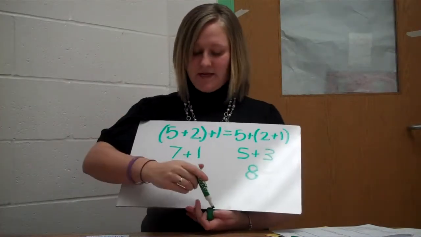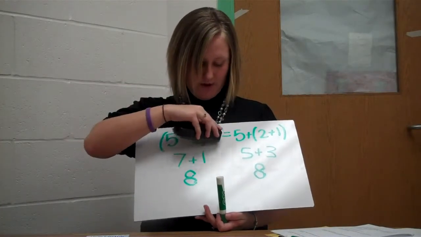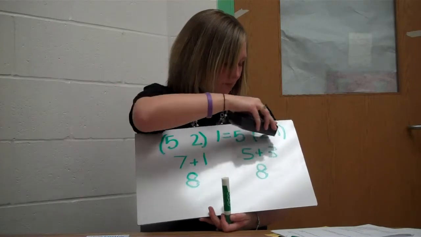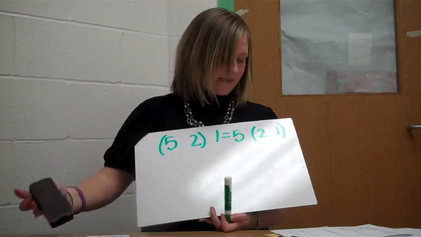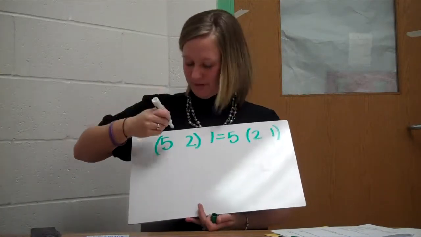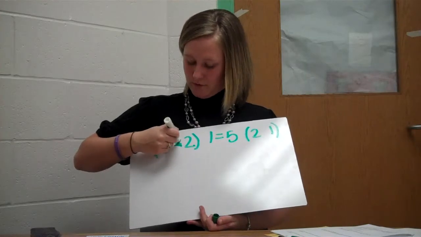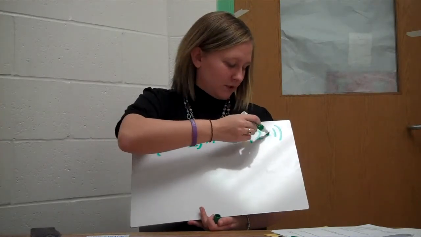Then it asks, can you do multiplication for this? Well, let's see. Take your addition problem and change it to multiplication. That's what it asks you to do on the second question. It says, can you write an example of a multiplication problem that demonstrates the associative property? Oops, sorry. Multiplication.